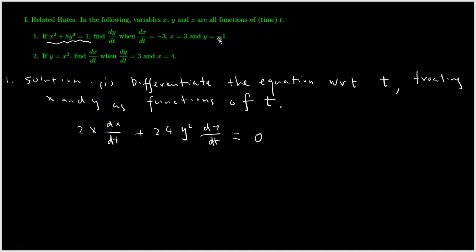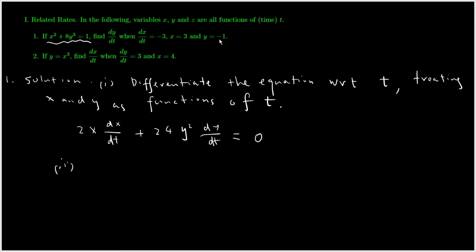You just imagine the other conditions are trying to describe an instant. We're looking for an instantaneous rate of change of y, if we know the instantaneous rate of change of x. Okay, the second step.